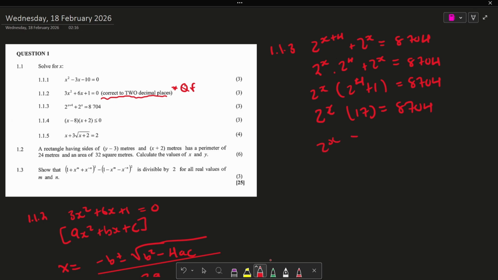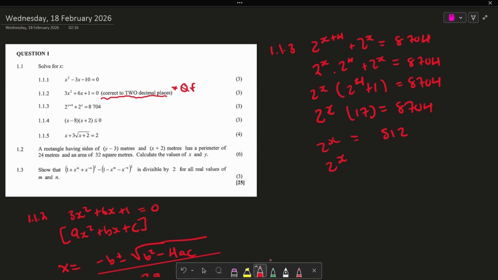And then we can divide 8704 by 17, so we end up with 512. 512 is usually 2 raised to, let's check, 2 raised to 8.